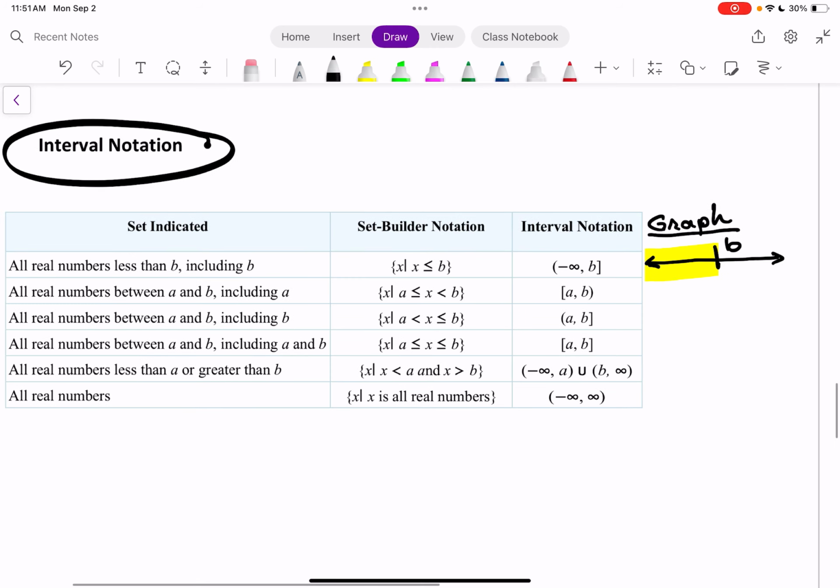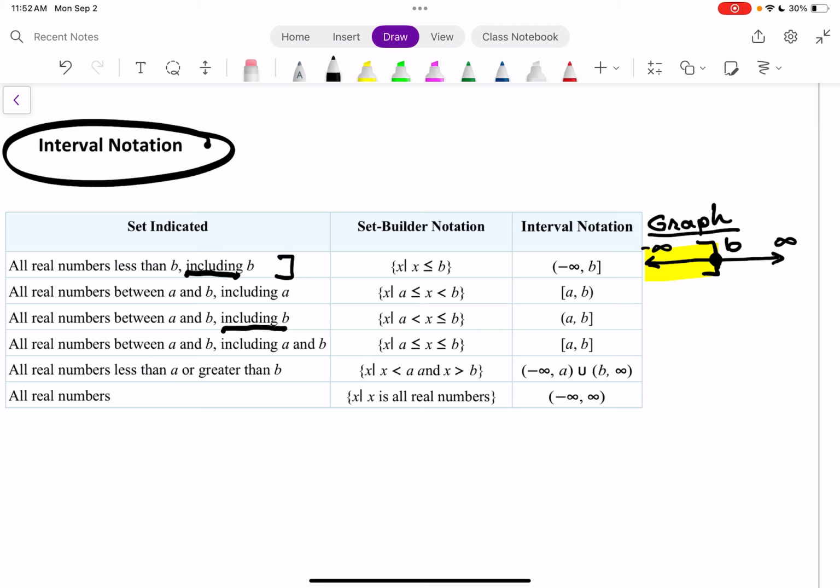So when you include b, you can put a bracket there, or you can bubble it in. Both ways work. But remember, every number line stretches from negative infinity to positive infinity. So the numbers in question are anything starting at negative infinity up to b. So anytime you say including, you have to use a bracket. Okay, including, you use a bracket.